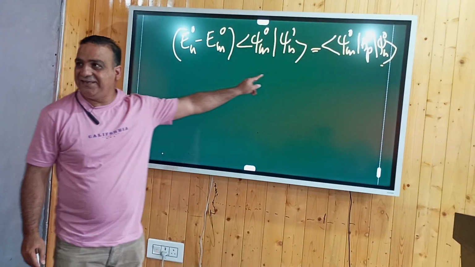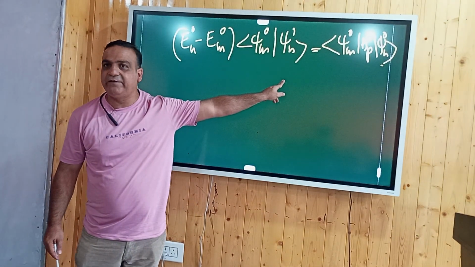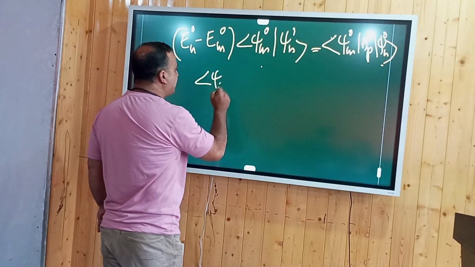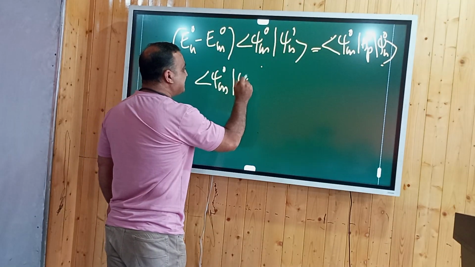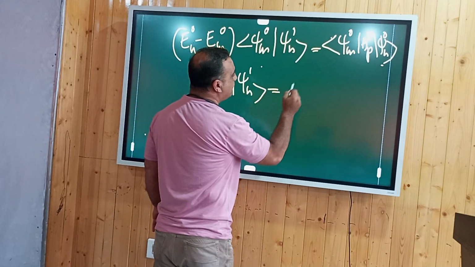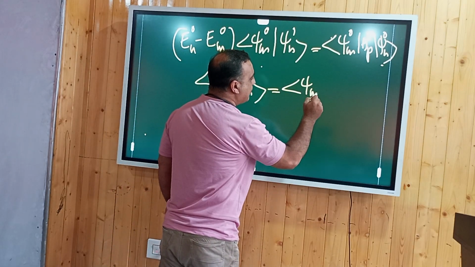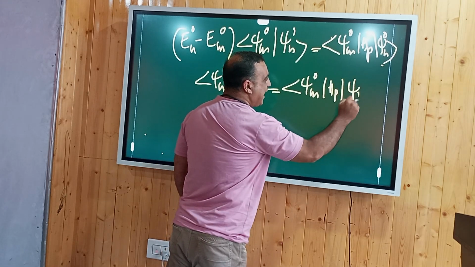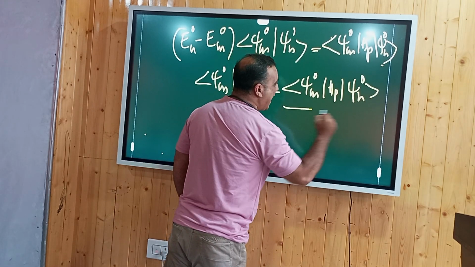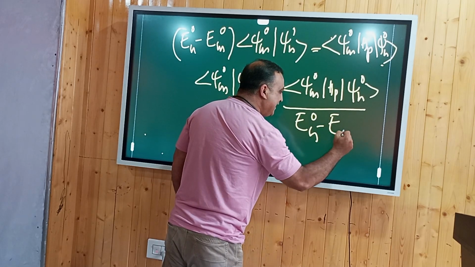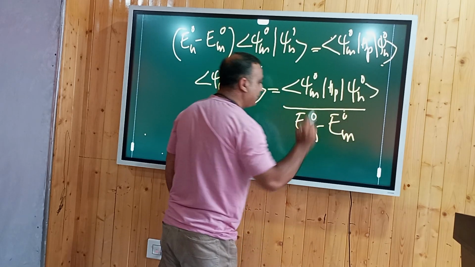I think you can see that we are achieving what we are interested to calculate. So this inner product <ψ_m^0|ψ_n^1> will be equal to <ψ_m^0|H_P|ψ_n^0> divided by E_n^0 minus E_m^0.